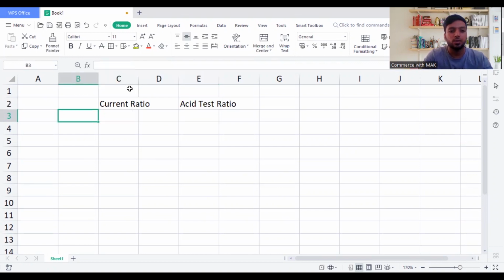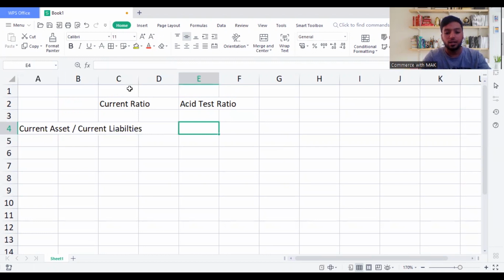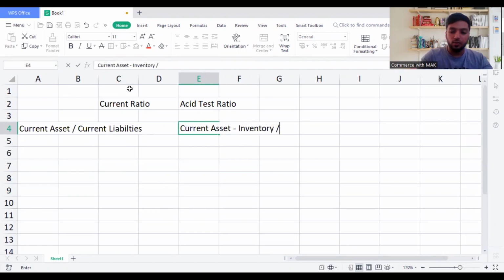Now the current ratio is current assets divided by current liabilities. Always remember the formulas. Okay, so when it comes to acid test ratio, we're going to take current assets minus inventory divided by current liabilities.